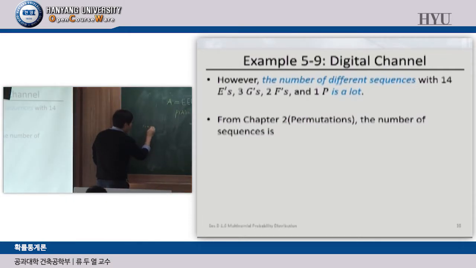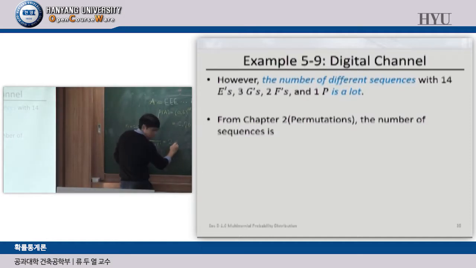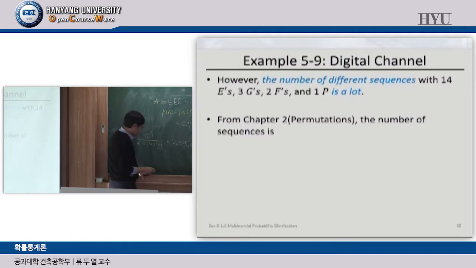we can say the total number of trials is 20, right? Based on the permutation, the number of sequences will be 20 factorial over 14 factorial times 3 factorial times 2 factorial times 1 factorial, right? So this will be 2,325,600. Okay?